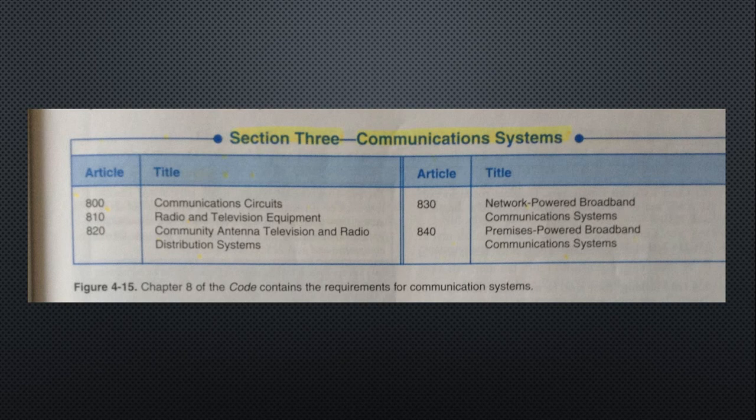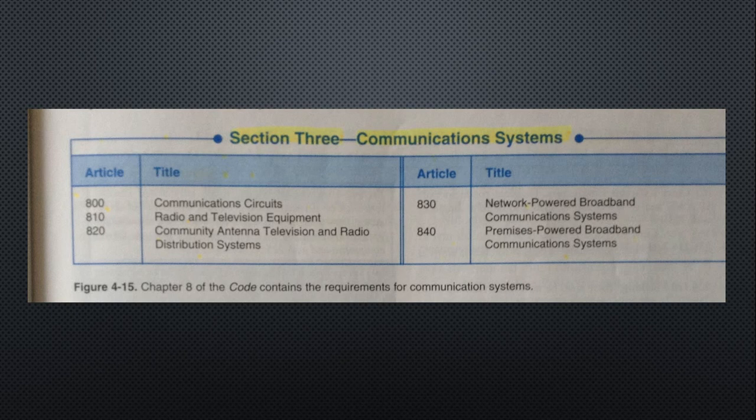Chapter 1 defines the terms you will need to know to understand the code. Chapter 2 discusses wiring design and protection. Chapter 3 provides rules governing wiring methods. Chapter 4 covers cords, cables, fixtures, fixture wires, motors, compressors, and battery operated electric vehicles.